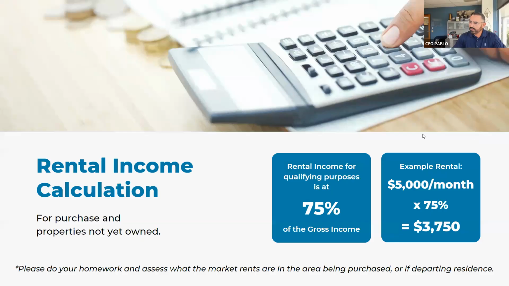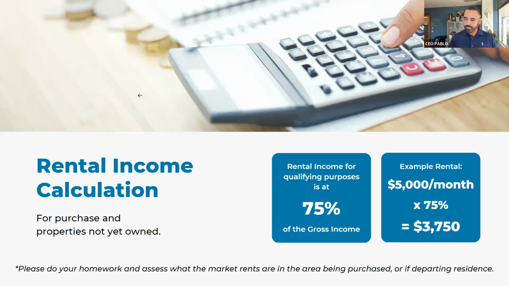The last thing I want to cover is rent. Since we're on the topic of rental income, I don't want you to confuse this with someone that doesn't own a property yet that plans to rent it out, right? So very simple formula for someone that's buying a rental property, right? You're going to take 75% of the gross income.